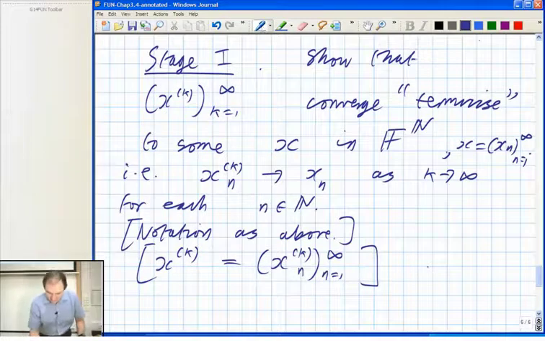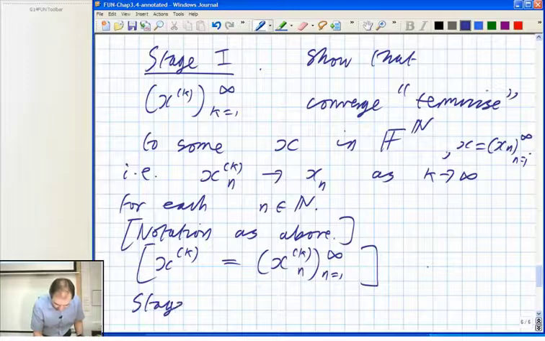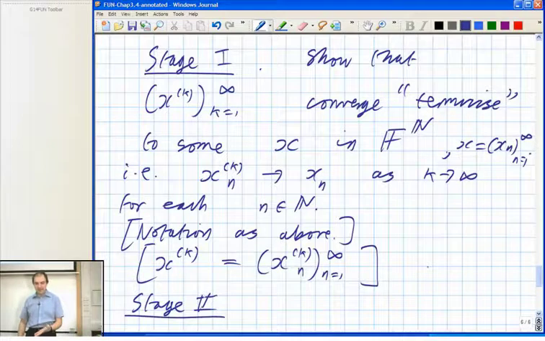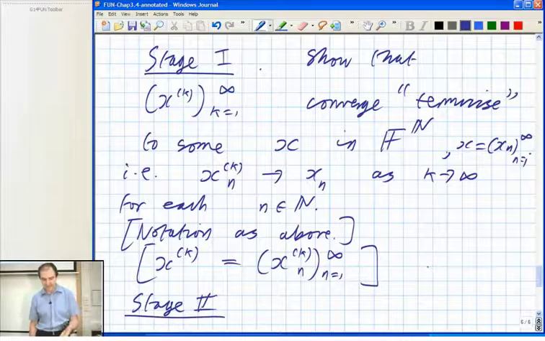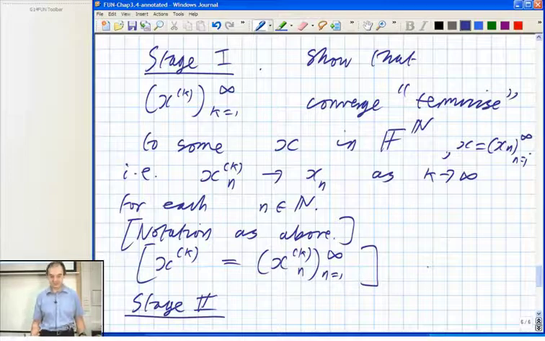Now to prove this, that's going to be stage 1. Stage 2 is the usual bit. We have to show that x is actually in l infinity and that the x^(k)'s converge to x.